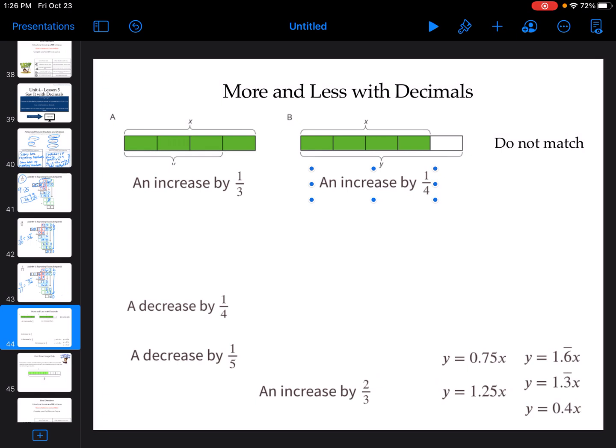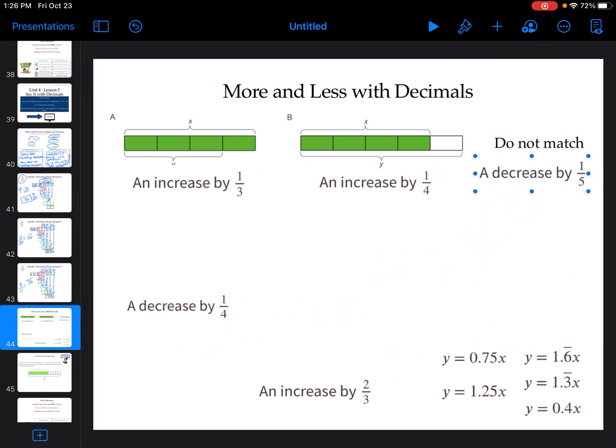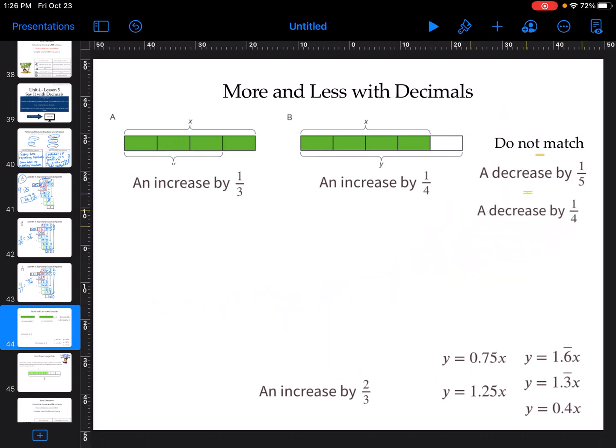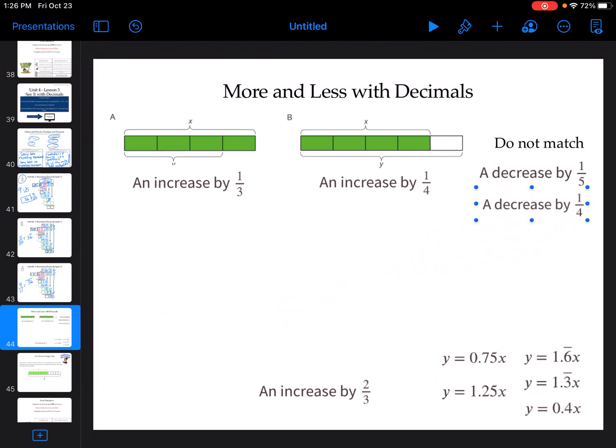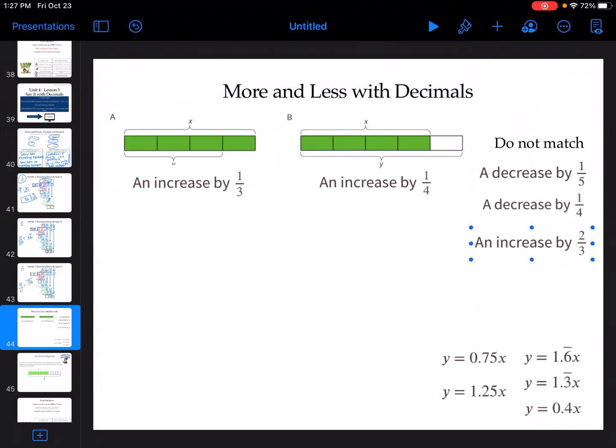So then if I look at decreasing by 1/5, that doesn't match with anything. Decreasing by 1/4, well, that doesn't match. And increasing by 2/3, that doesn't match, because none of them are increasing by 2 blocks.